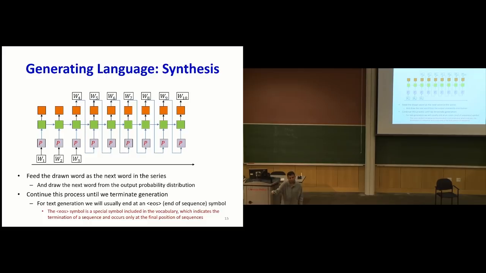That is used to generate the next probability distribution from which a word is drawn, and so on. And when would you stop? Here is something that all of you must be familiar with. When we speak of a sentence, how do you know a sentence has ended? Pardon me?